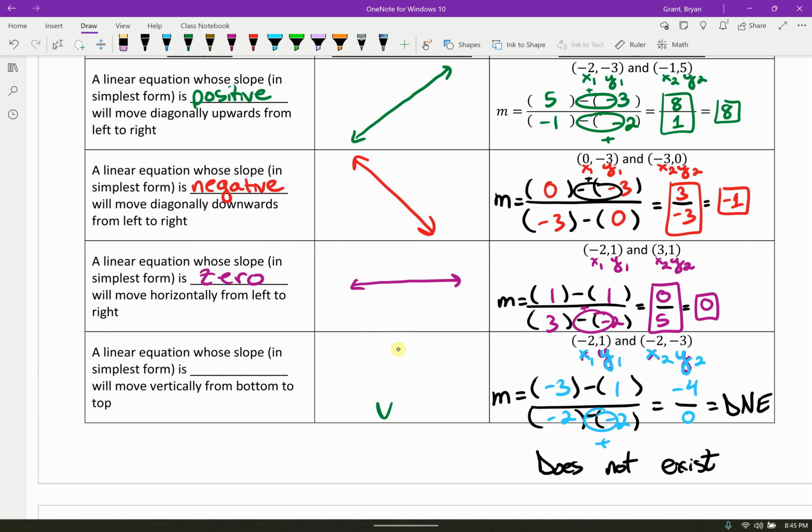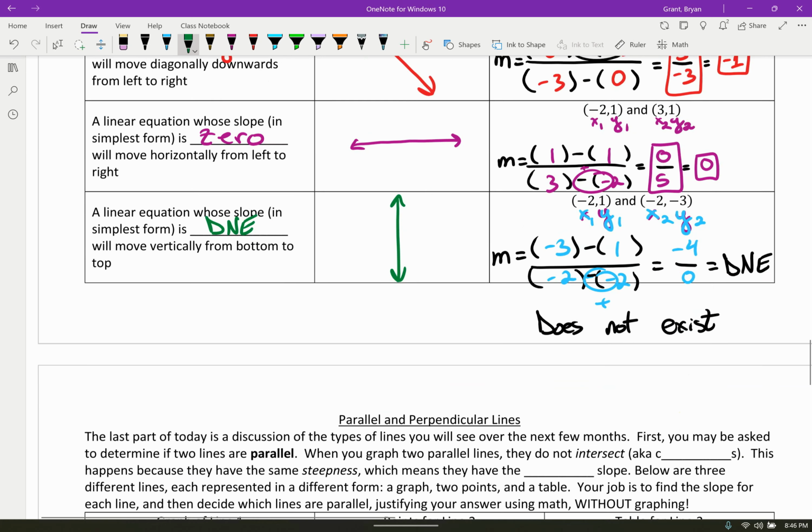And so actually, sometimes you'll see a vertical line said to have an infinitely steep slope, right? I gave you that infinity sign, that sideways 8. And that's actually what this dividing by 0 is giving us. It's actually telling us it's infinity, but we say it does not exist. And so we say a slope, or an equation whose slope is DNE, will always move vertically. It's an infinitely steep slope. It's really, really, really steep.